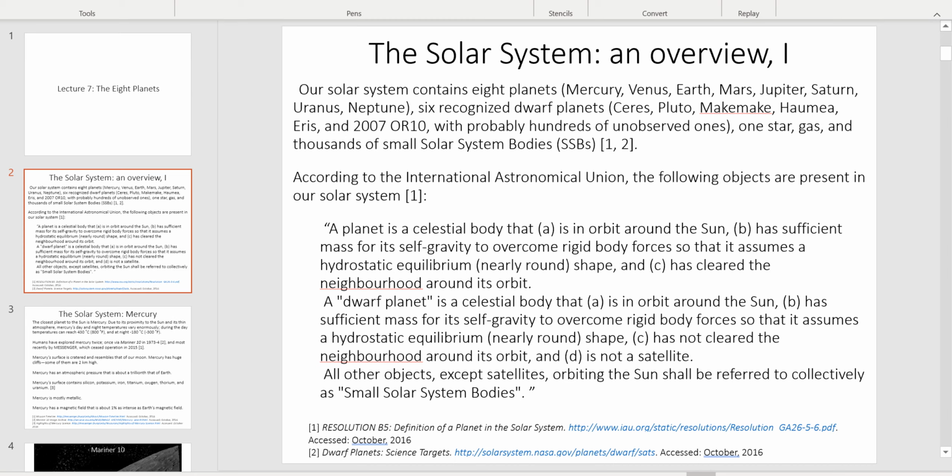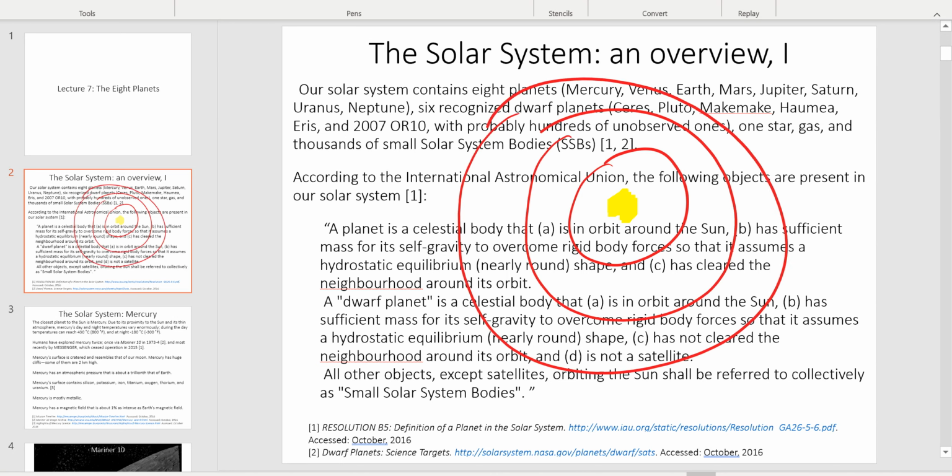But the basic reason is that the orbit of Pluto clearly doesn't look like that of a planet. Pluto has not cleared its orbit of planets or debris. For example, these circles here represent roughly the orbits of the planets in our solar system, not to scale, obviously, not drawn very well.